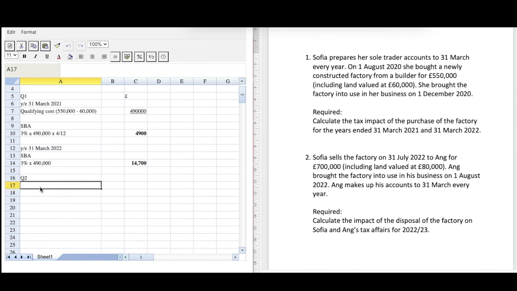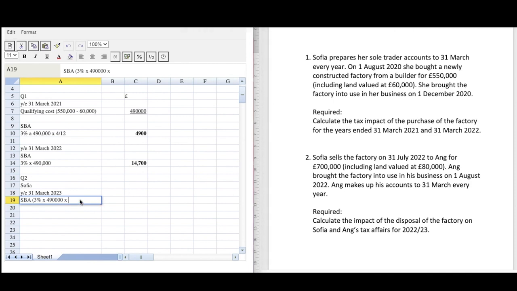So we'll look at Sophia first of all. So from Sophia's perspective then, she's got her accounts to the end of March every year. So for the year ended the 31st of March 2023, she's going to be claiming her SBA based on that 3% rate multiplied by the original qualifying expenditure amount of 490,000, and we're going to multiply that by the number of months that it's been used by her in that period.